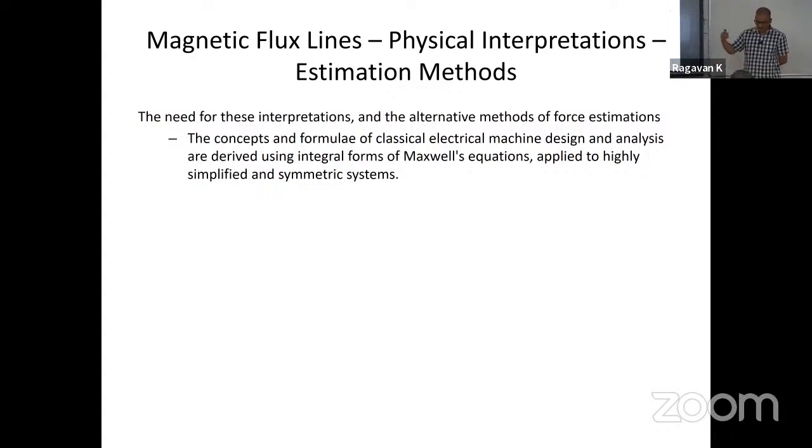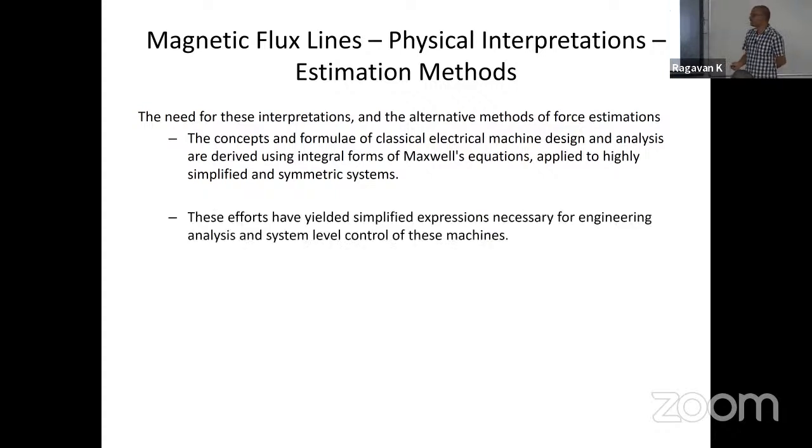So if you use this simplified set of equations as a basis for electromagnetic energy conversion, these simplified expressions are essential, because without them you will not be able to derive useful models to control or design or do some engineering analysis.